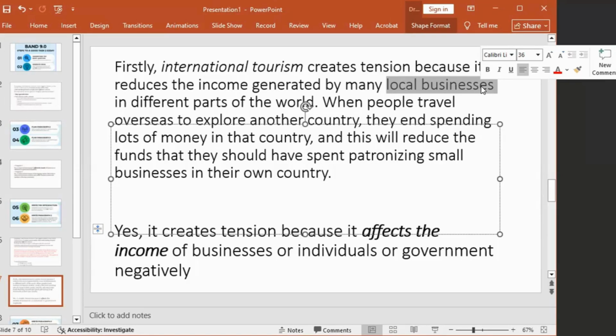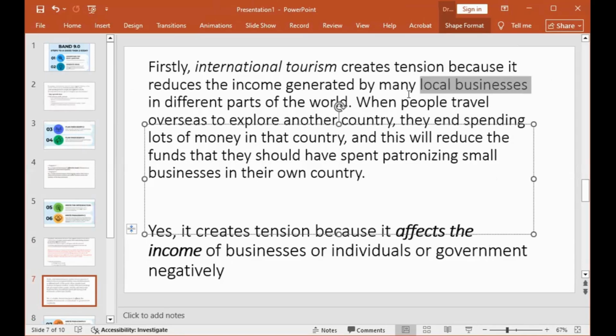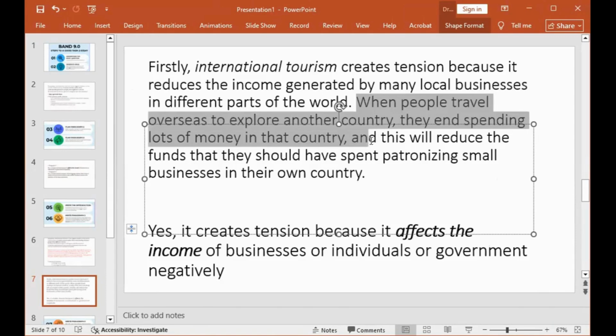If 1 million Nigerians should do that, it's going to affect a lot of businesses. And that's the idea here. So when people travel overseas to explore another country, they spend lots of money in that country. And this will reduce the funds that they should have spent patronizing small businesses in their own country.